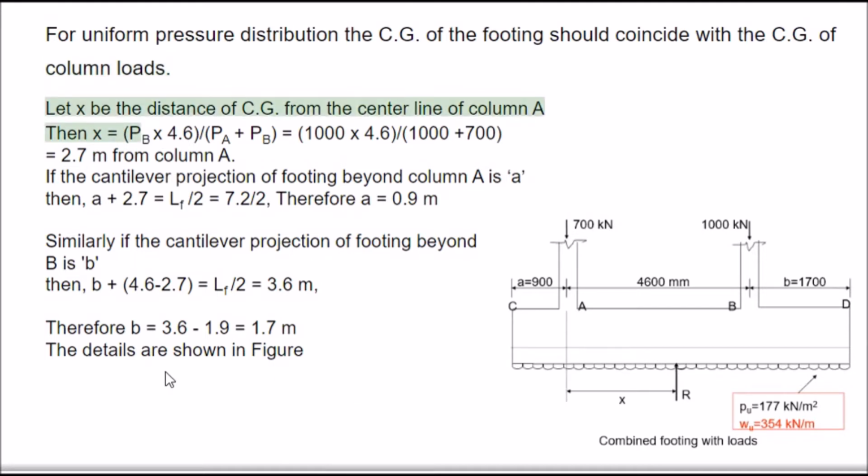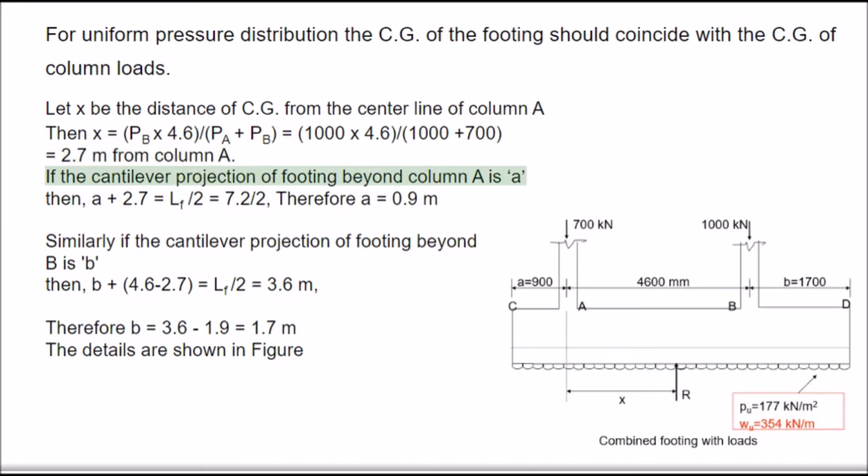Let x be the distance of CG from the center line of column A, then x equals PB x 4.6 / (PA plus PB) equals 1000 x 4.6 / (1000 plus 700) equals 2.7 m from column A.